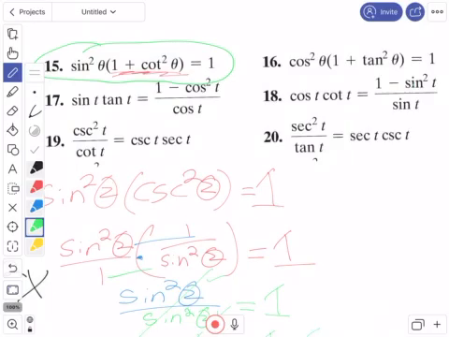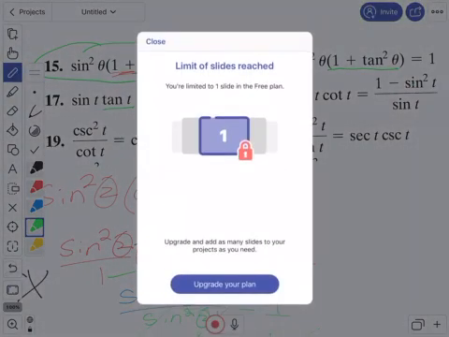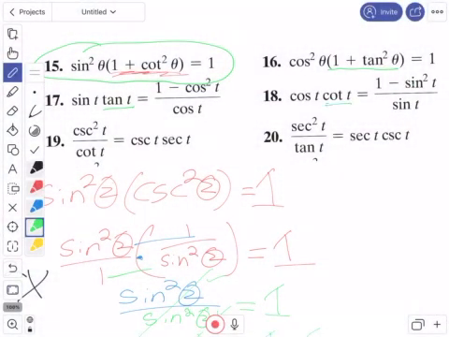For 16, see if there's an identity that involves 1 plus tangent squared of theta. What else? For 17, see if you can rewrite tangent of t. There's definitely a way that tangent can be rewritten. For 18, see if you can rewrite cotangent of t.